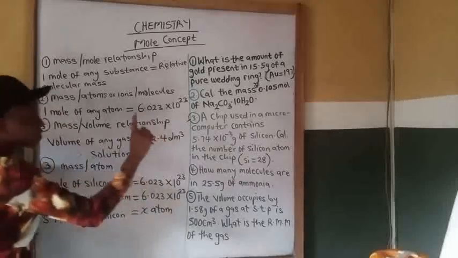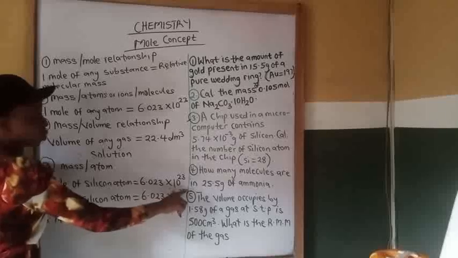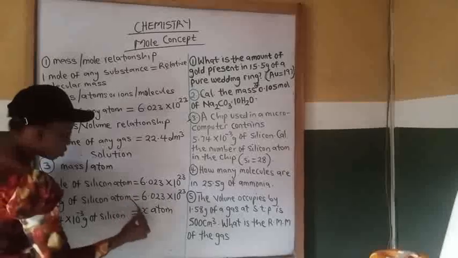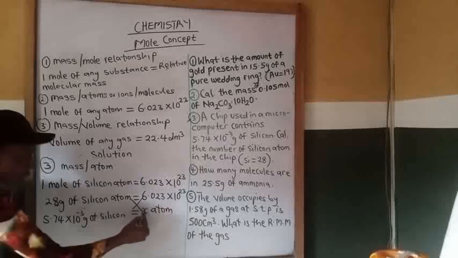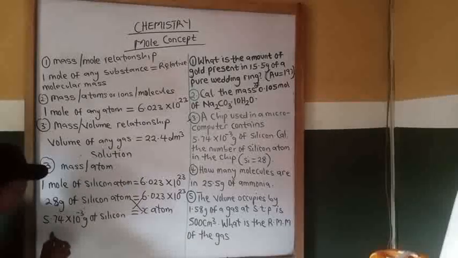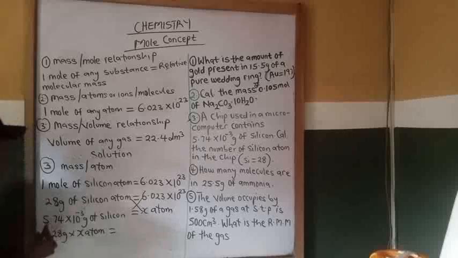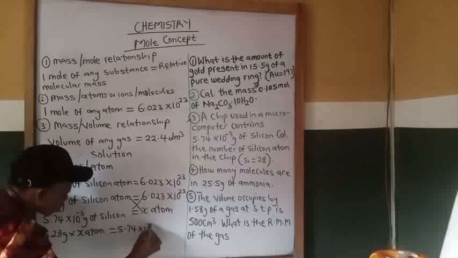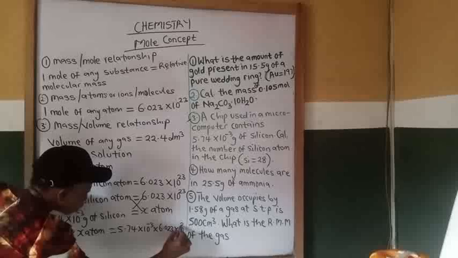So 1 mole of silicon is equal to 6.023 times 10 raised to power 23 atom. So we cross multiply now. By the time you cross multiply, your 28 gram times X atom equal to 5.74 times 10 raised to power minus 3 times 6.023 times 10 raised to power 23.